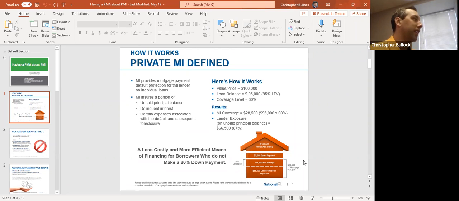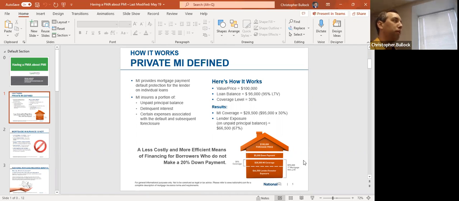So they're basically taking on 2/3 of the risk automatically. But whenever you introduce the MI, it adjusts the risk calculator that the underwriters are looking at, and they're determining, okay, this is a less risky loan because mortgage insurance is involved.